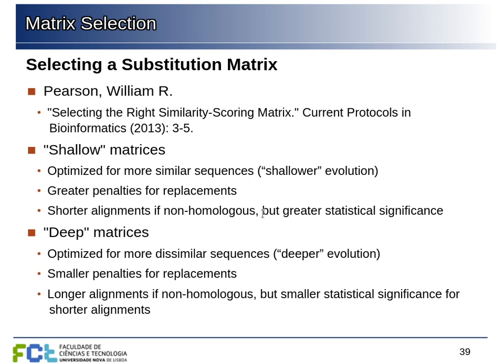You can choose deeper matrices when you have more divergent sequences, more dissimilar sequences. These are deeper because evolution went deeper in these cases, so the sequences diverged more.